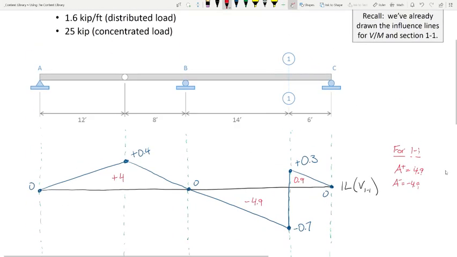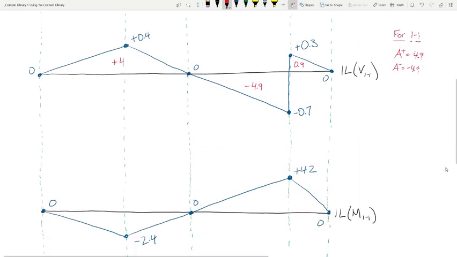I don't know why. Does that make sense? This is the total amount of positive area. This is the total amount of negative area. So far, so good? Okay, let's do the same thing for the moments. All right, so this one right here, 4.2 times 20 over 2, I think that's 42.